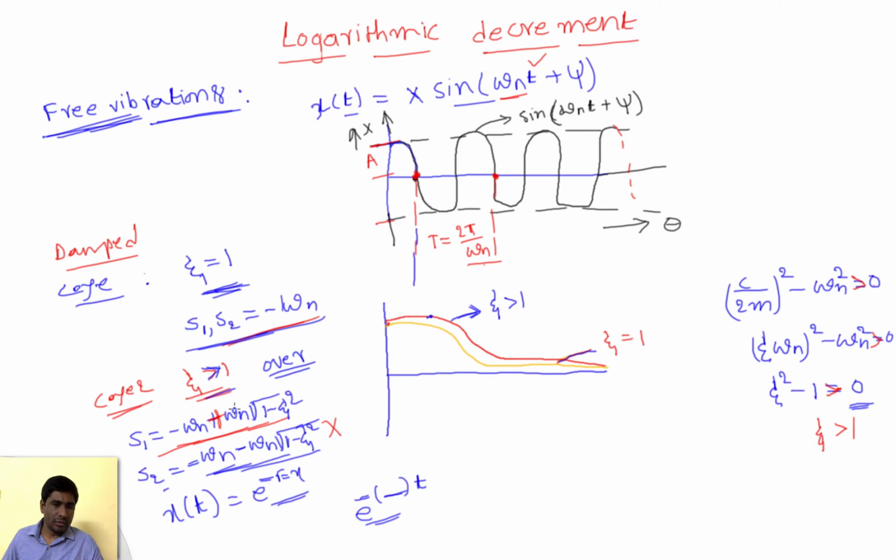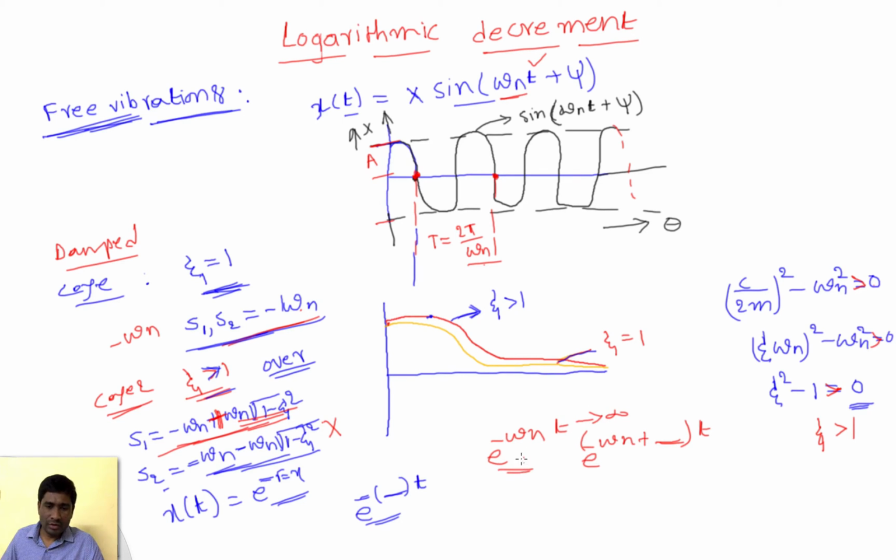When I compare this and this, here we have only minus omega n, and here we have minus omega n plus some value. So if you compare e power minus omega n and e power minus omega n plus some value, which one will quickly reach zero when t is tending to infinity?